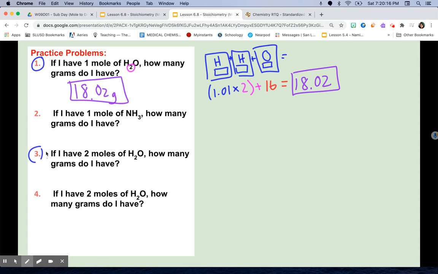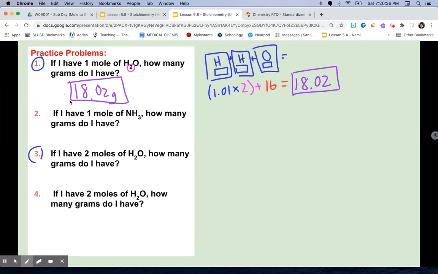I'm going to skip question number 2 and 4 and have you try those on your own. So what if you have 2 moles of H2O? Here, this is how much I would have if I have 1 mole of H2O. If I have 2 moles of H2O, how many grams would I have?